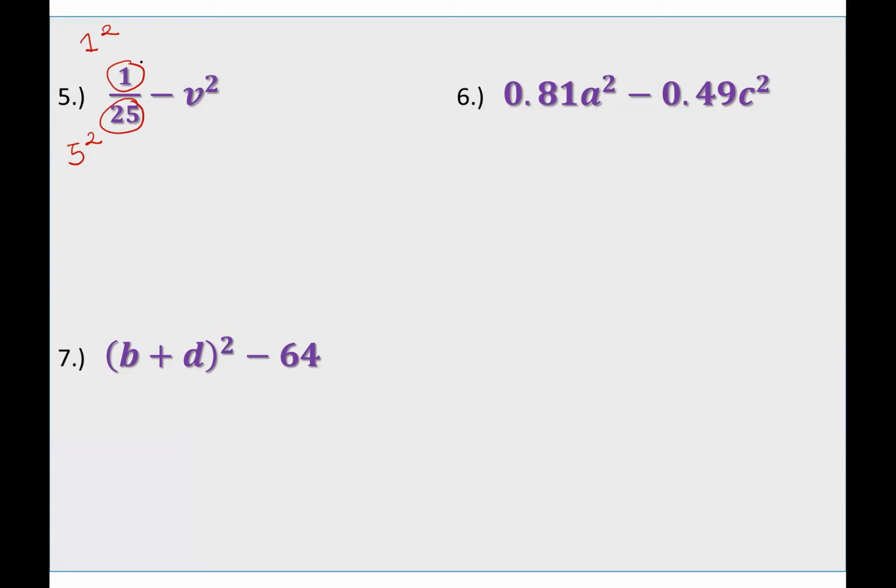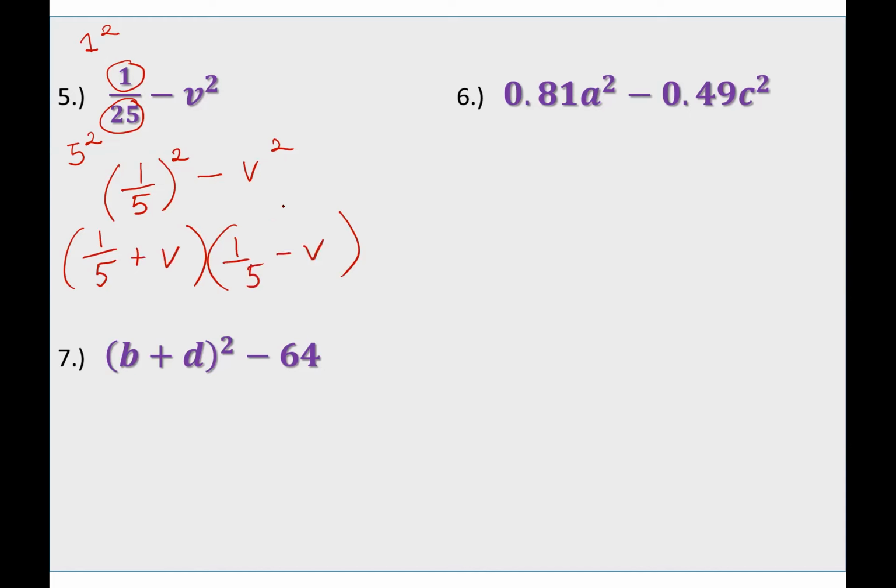So putting it all together, 1/25 is really the same thing as 1/5 squared minus v squared. So when I factor this, a plus b, a minus b, my a is really just 1/5. So it will be 1/5 plus v and then 1/5 minus v.